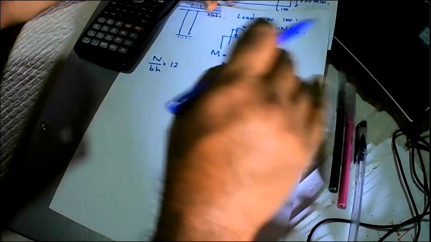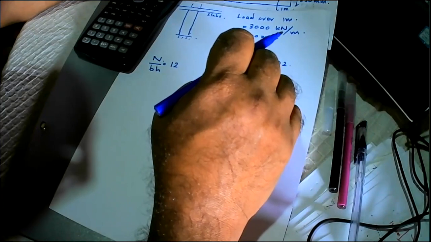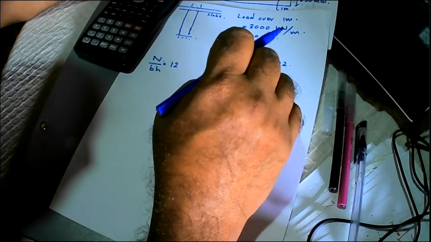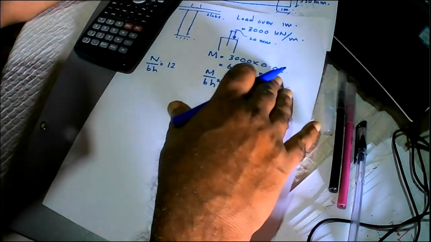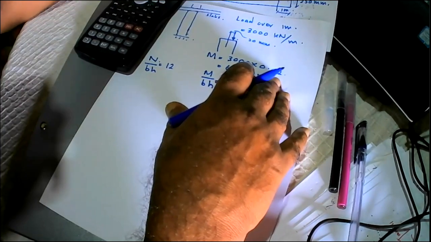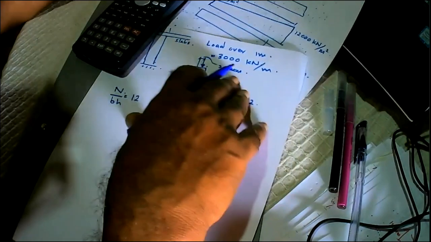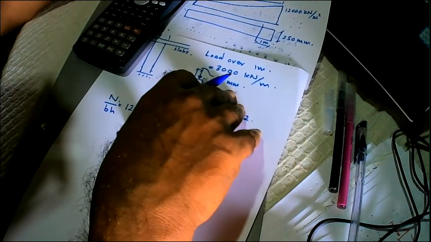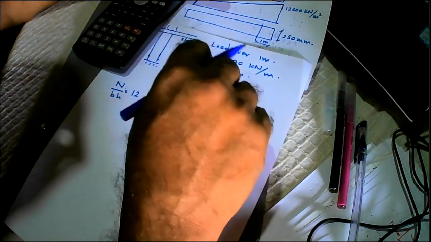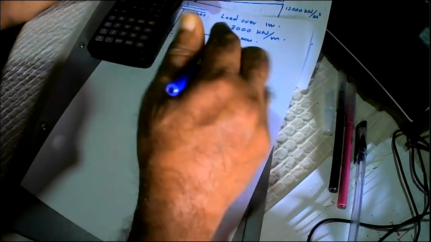When you are going to use the chart, you have to get the units in newtons per millimeter squared. So 12,000 kilonewtons per meter squared is equal to 12 newtons per millimeter squared.